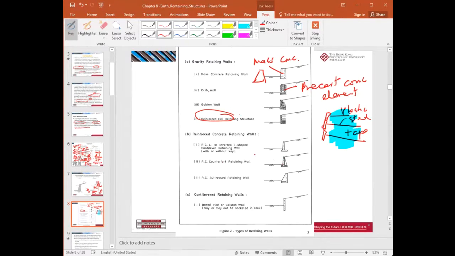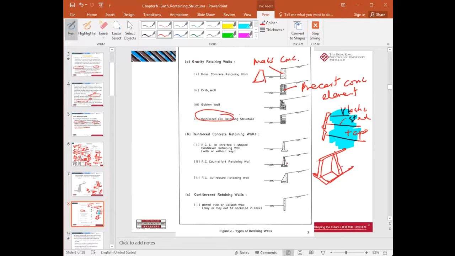Now here at the back, if the wall is too high, you provide a wing wall.